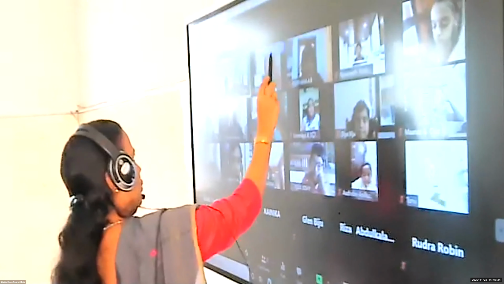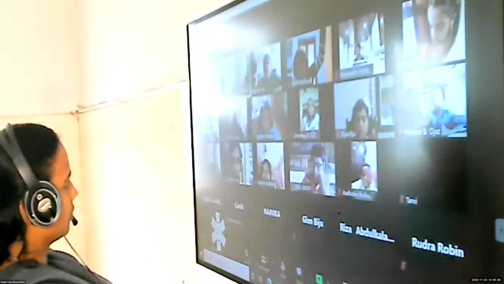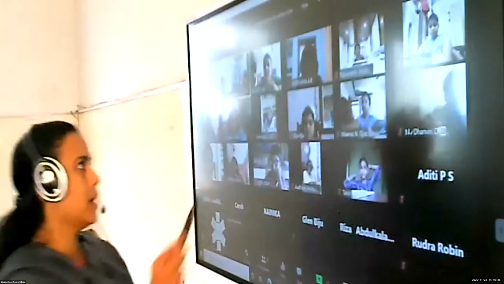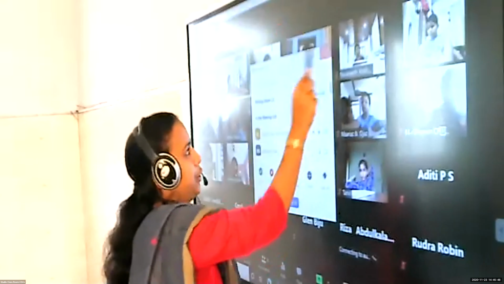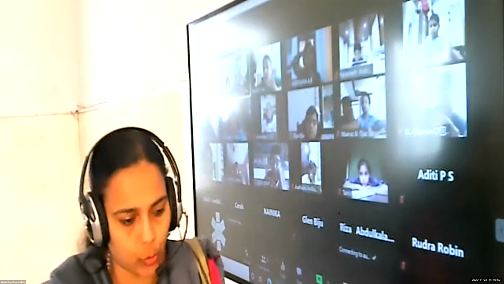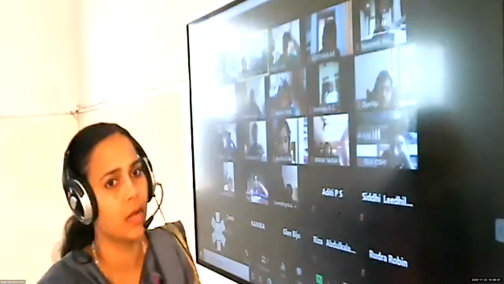Yes, Mayuk. What is an equivalent fraction? Fractions that denote the same part of a whole. Okay, so fractions that denote the same part of a whole are known as equivalent fractions. Even if the numerator and denominator are different, we can see the same part.